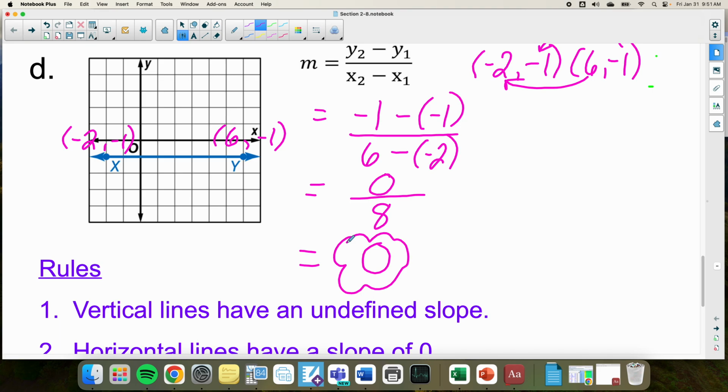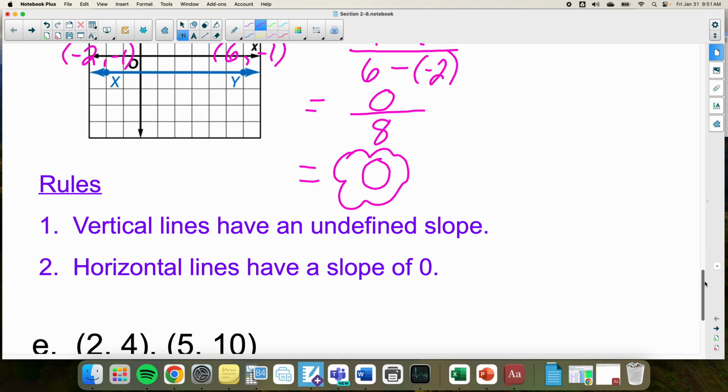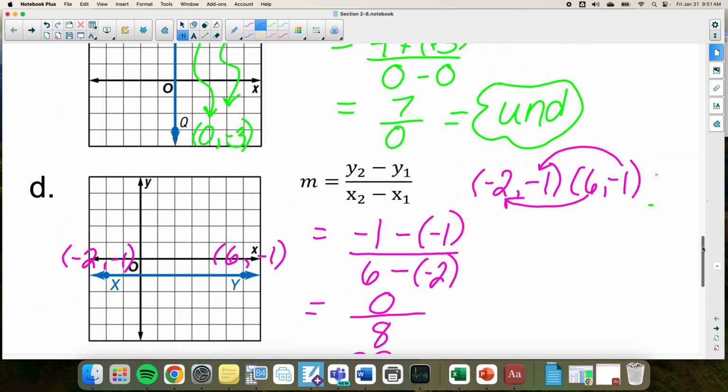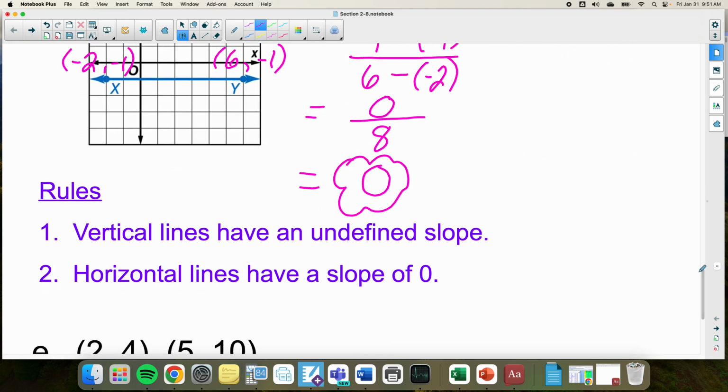Now, if they give you something on a graph, the test is not like this. The test is where I give you 2 points and you have to find the slope. So when they give you that, you do the slope formula. If the 0's on the top, it's 0. If the 0's on the bottom, it's undefined.